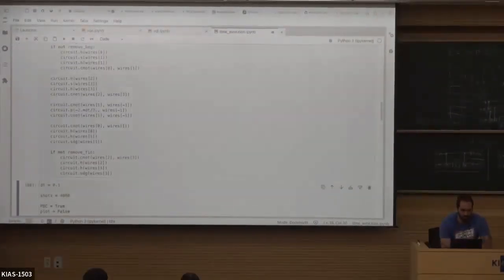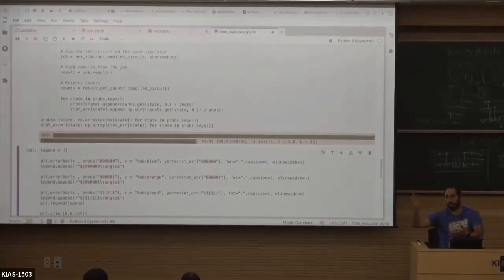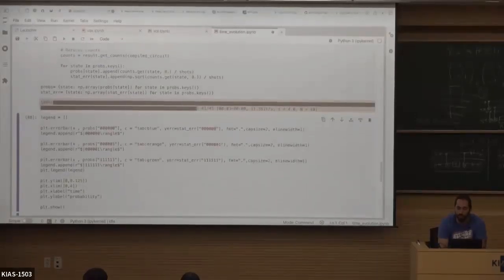Did I execute this? Oh, wow, it's faster. Yeah, so there's no gradient, no nothing. I'm just increasing the depth of my circuit every time and calculating a new state at a new time, okay? Then I'm going to plot these errors and states.